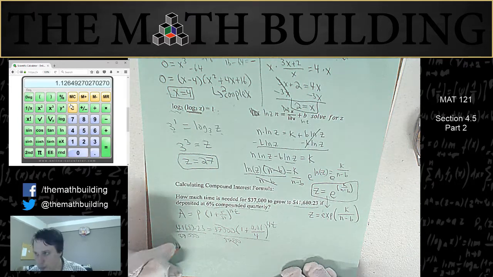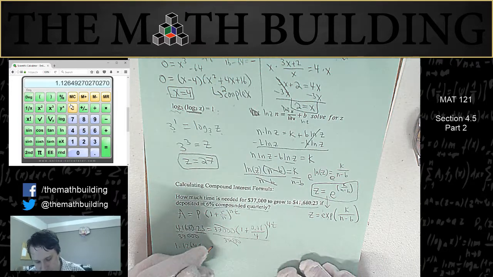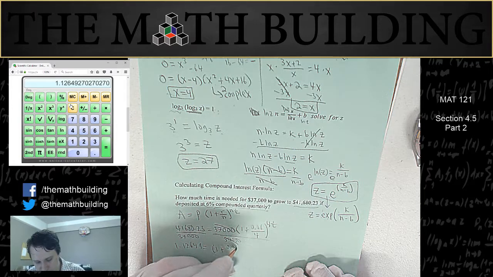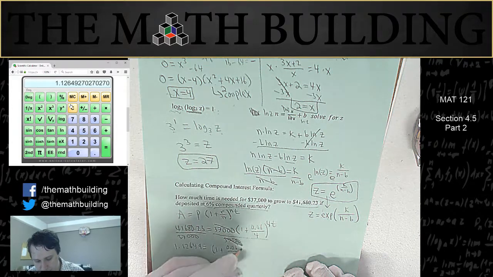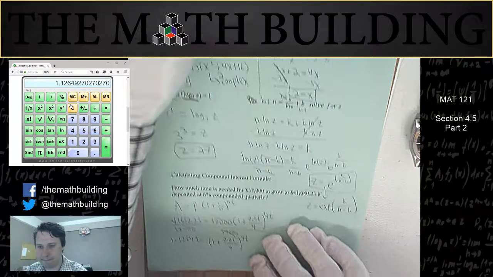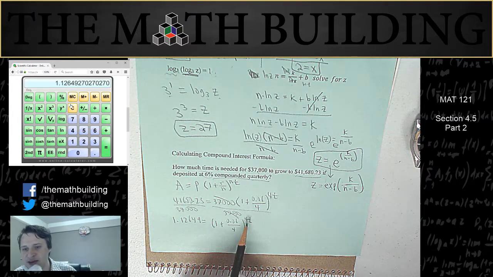So I get 1.12649 equals 1 plus 0.06 over 4 to the 4t. Okay, now there's not much more I can do with this because all this is glued together by the 4t up here.